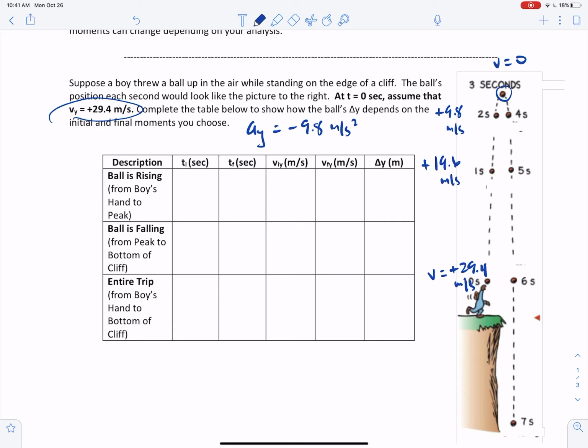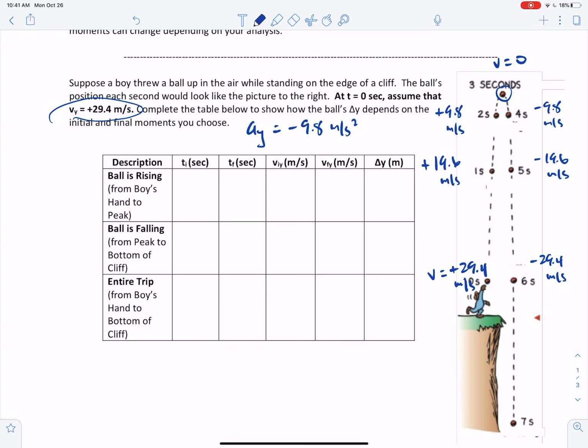Then the ball begins to fall, and as it falls, it continues to accelerate, but it's gaining speed in the negative direction. So now at 4 seconds, which is just 1 second after the peak, the velocity is now negative 9.8 meters per second, right? I'm just continuing to subtract 9.8 every time. At 5 seconds, the velocity is negative 19.6 meters per second. At 6 seconds, the velocity is negative 29.4 meters per second.